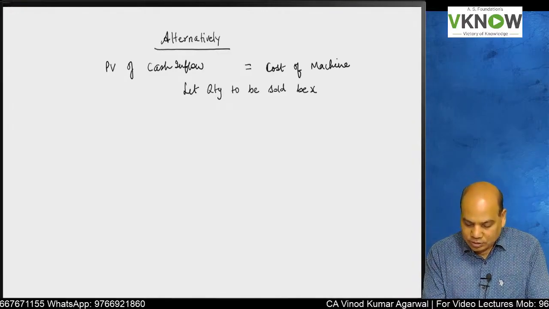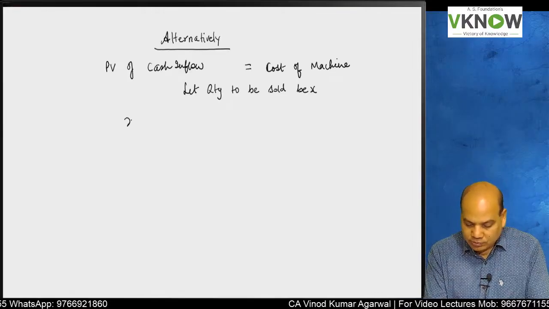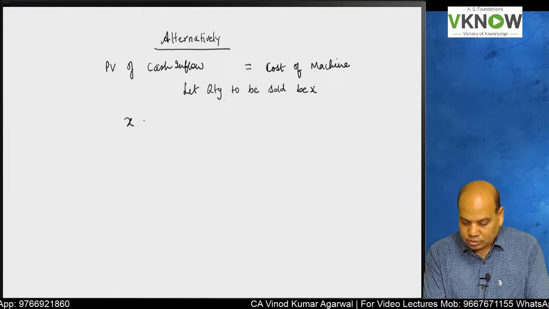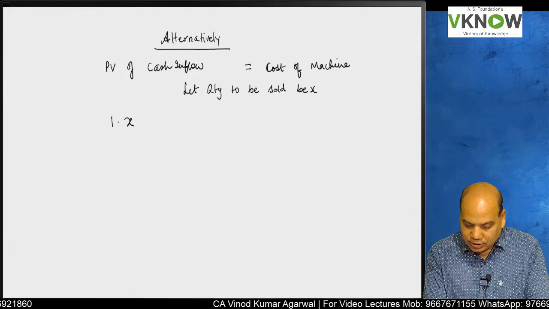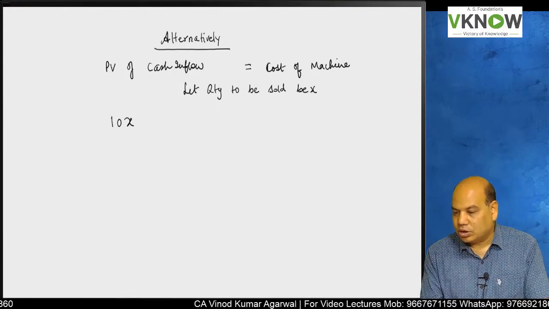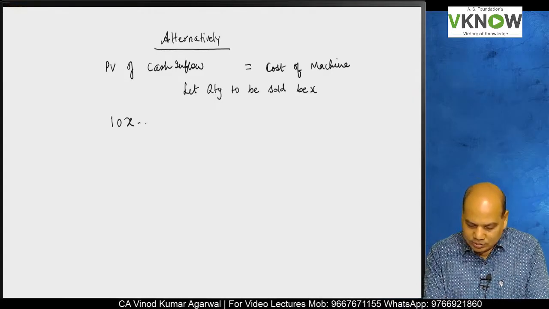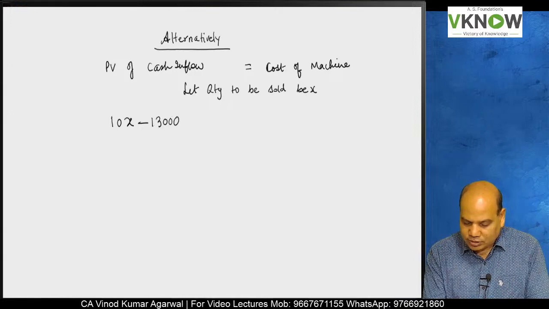So my total contribution will be X into, what was my contribution per unit? 10x. My total contribution will be 10x. 10 is the contribution per unit, quantity sold is X, minus my relevant fixed cost 13,000.